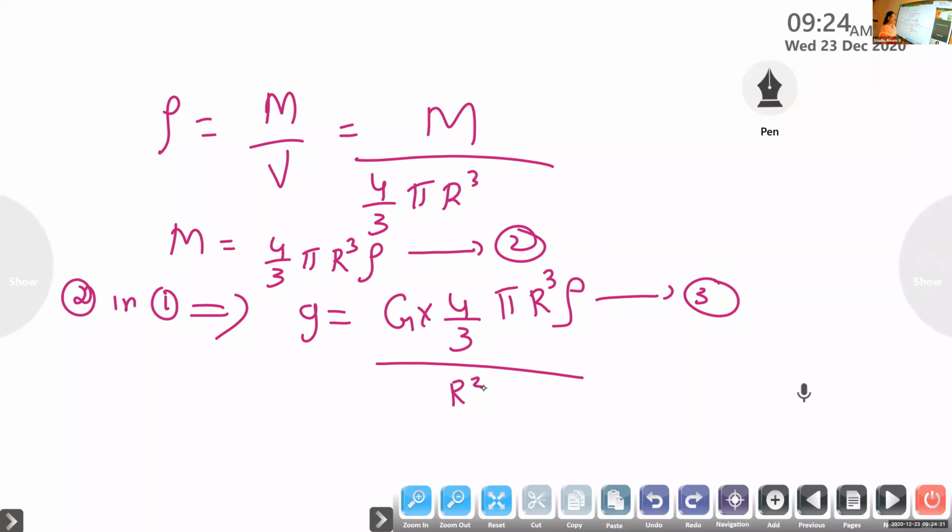Now, the one R square is here, so this R square and this cube get cancelled. Now what is remaining? Equation 3 becomes g is equal to G into 4 upon 3 pi r rho. That is equation 4. Because we have small g equal to GM by R square, this one R square got cancelled, remaining with 1 R.